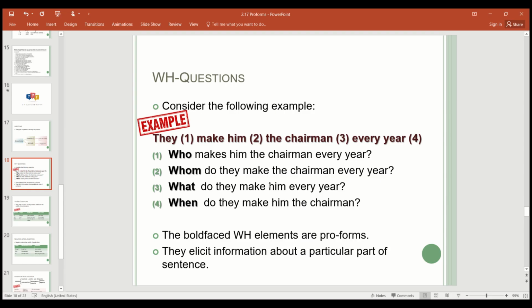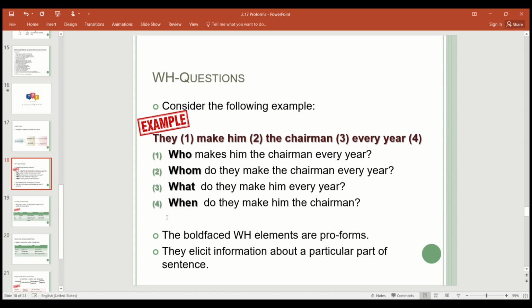What do they make him every year? So you can see that the chairman as an element is deleted from the sentence because we are asking about it. And the last one would be asking about the adverb every year. When do they make him the chairman?